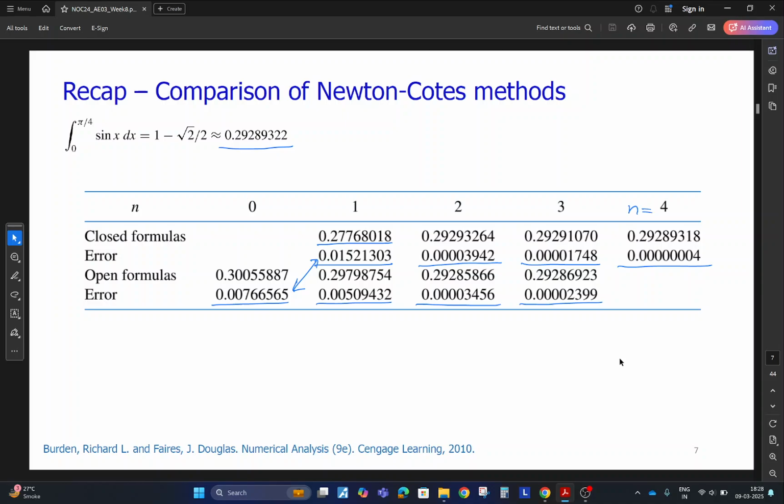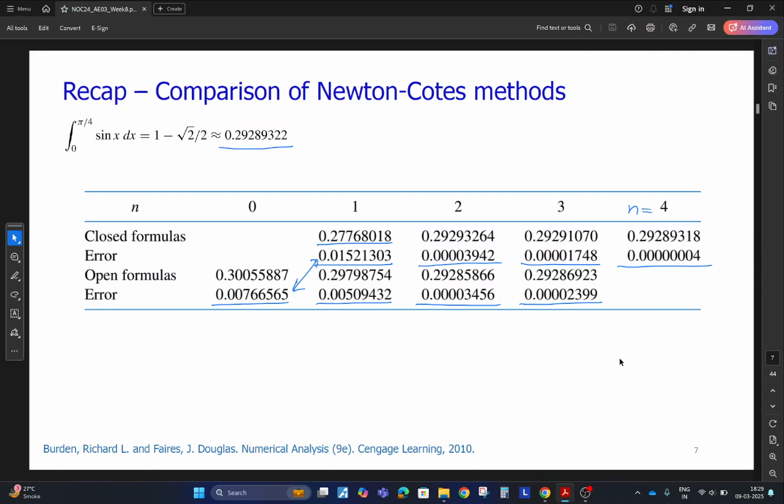So we have the value of n starting from 0, 1, 2 up to 4, and the first row contains the estimate of the area as approximated by closed Newton-Cotes formulas for various values of n. We see that with increasing n, the error decreases significantly.